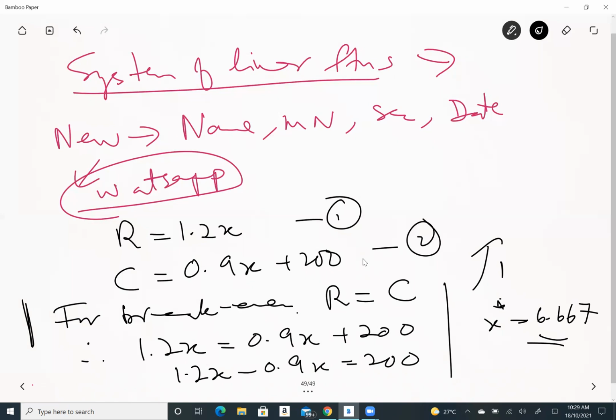Okay. All right. Now to get the revenue and the cost, what you do, you put the X. So next would be substitute X star equal to 6.667 into either R or cost. Doesn't matter. All right.